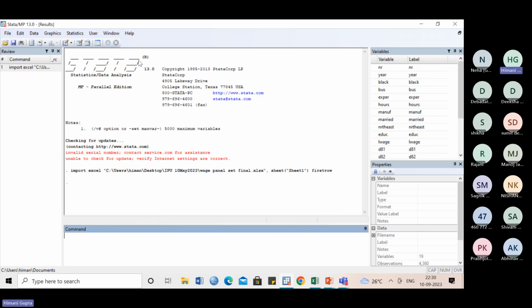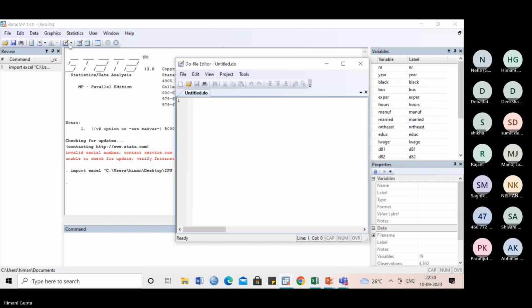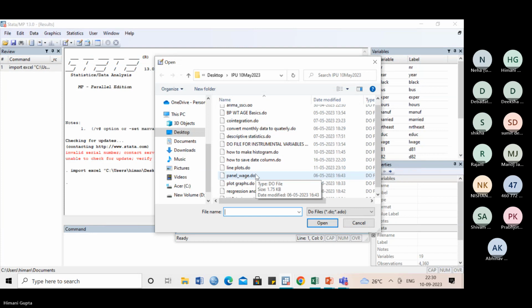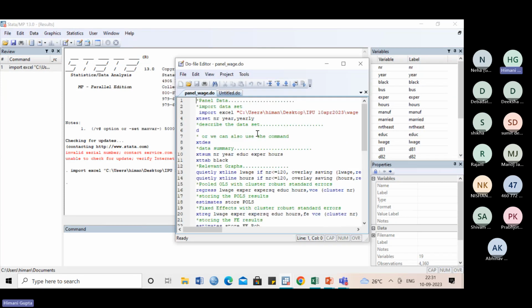Okay, I have imported the file. I have made the do file also for this. So it's easy for us.